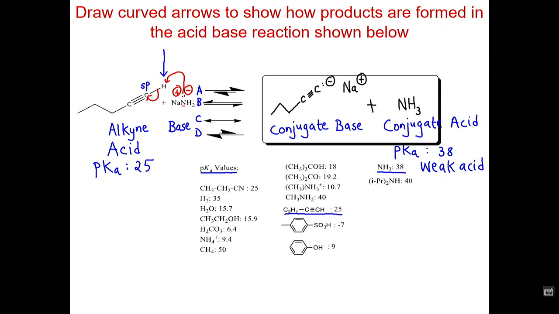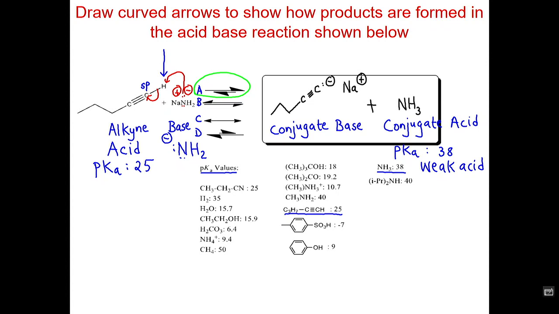Equilibrium always moves towards a weak acid because if ammonia is a weak acid, its conjugate NH2 minus is the stronger base in this reaction, which means that the equilibrium will move forward and we should pick A as the right arrow. There's a big difference in pKa, 25 to 38, equilibrium moves forward.